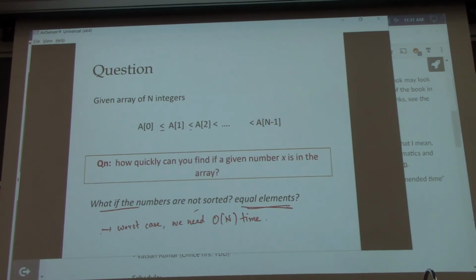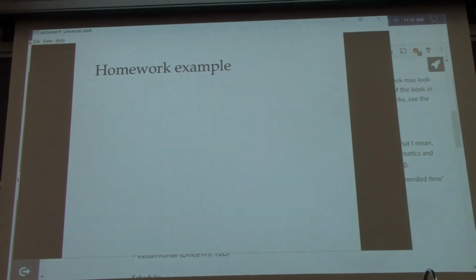So it also works when you have equal elements. You can also ask interesting questions like, what if they're not exactly sorted, but roughly sorted? Does it still work? That we will not get into.